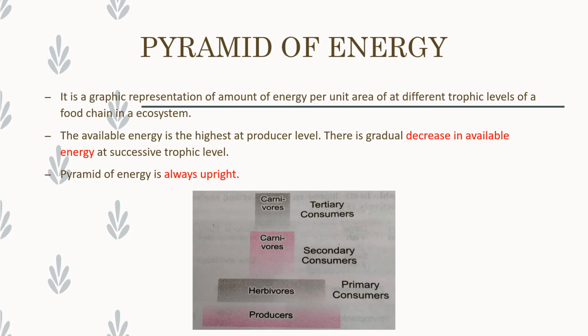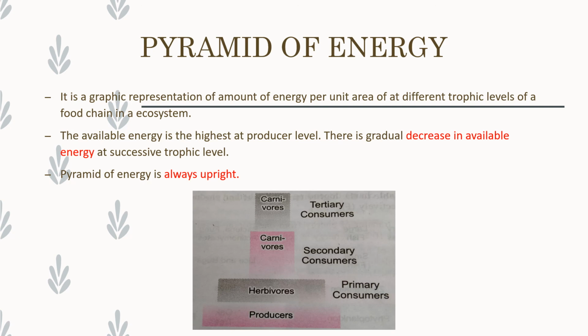Because energy always flows from producers to consumers. That is why its pyramid will always be upright, meaning the energy decreases as we go from producers to top carnivores.